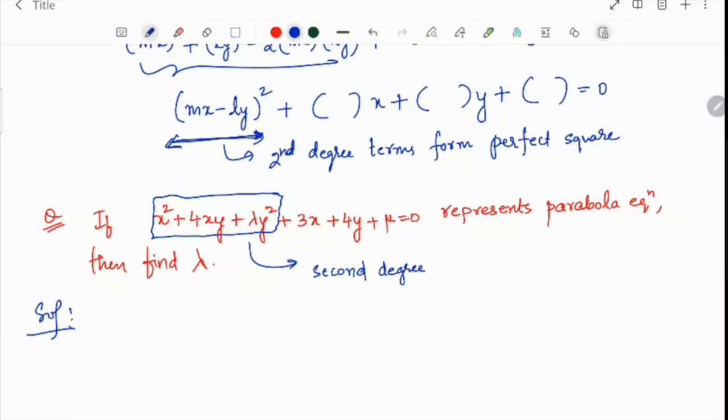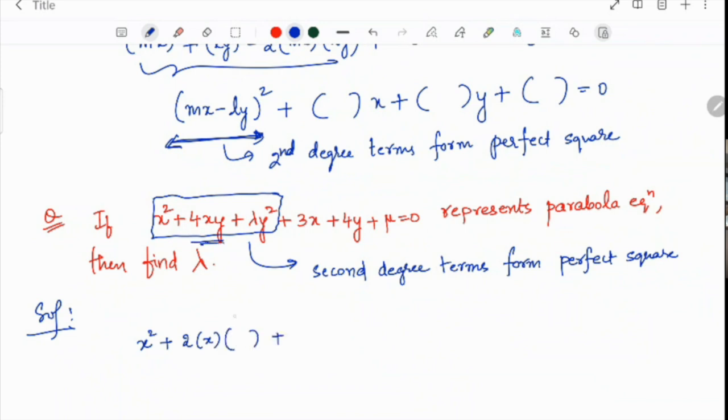Lambda is -2. No, no, no. Check again. When does it be perfect square? Actually, it is like this, no? A square plus 2a. What is b now?